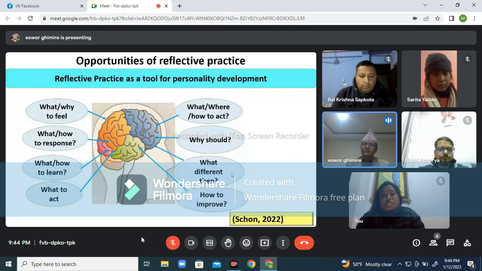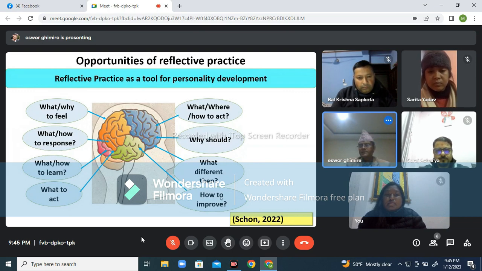After reflection on these different questions, we can identify the weakness, and we should imagine, we should think properly, we should have the transformation of knowledge so that we can improve our past and visualize our future, as stated in the paper by Shaw, 2022.